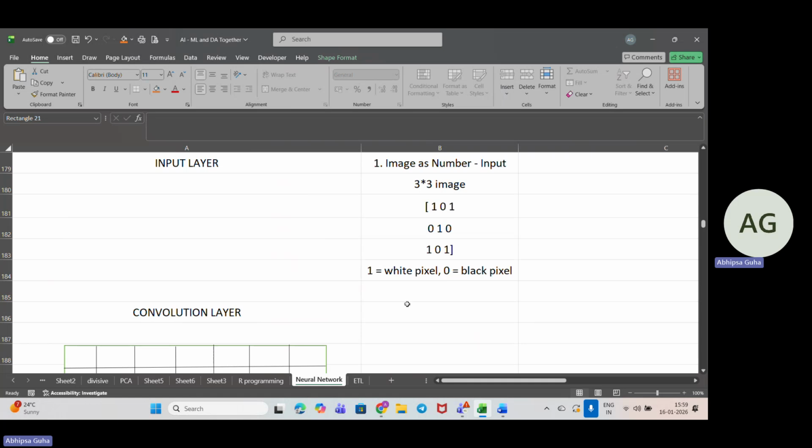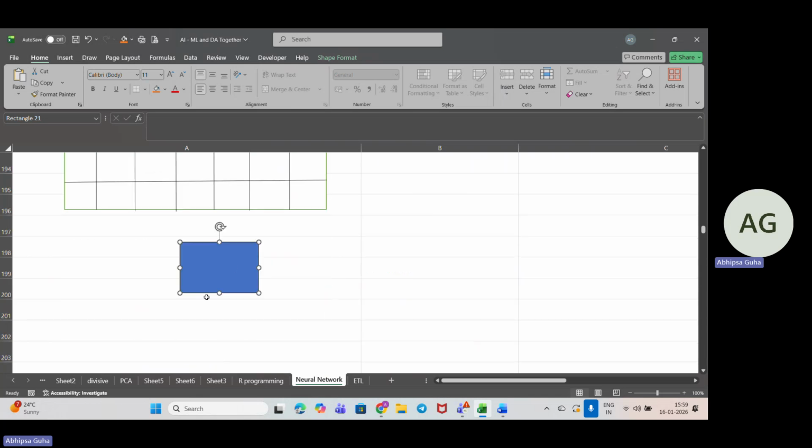So convolutional means sliding a small box over the image and checking how the pattern goes. Suppose you imagine that you have a small window. You slide it over the image, right? You check it. Is there a line? Is there an edge? So what this small window is called, in this case, is known as the filter or the kernel.